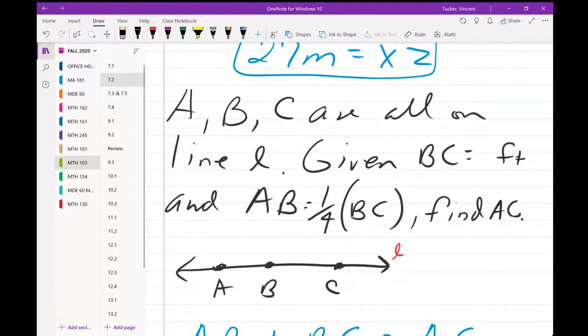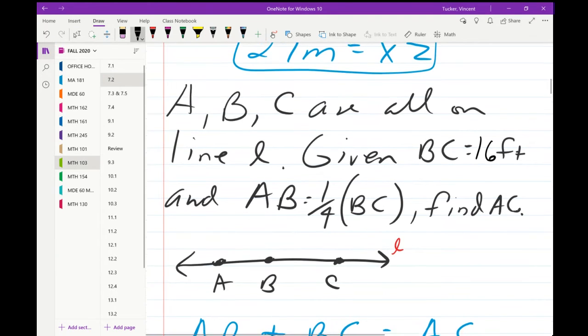Oh, 16. I was like, why did I write that so close together? Sorry about that. That should be 16 feet. So BC is equal to 16 feet, and AB is 1/4 of BC. Find AC. Very similar to what we did last time, just that this time we have 1/4 involved.